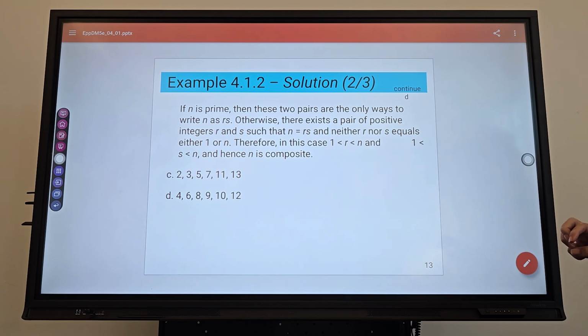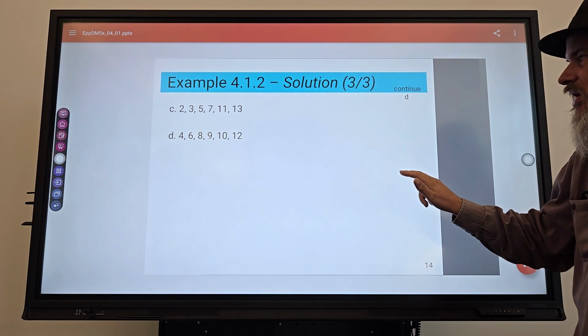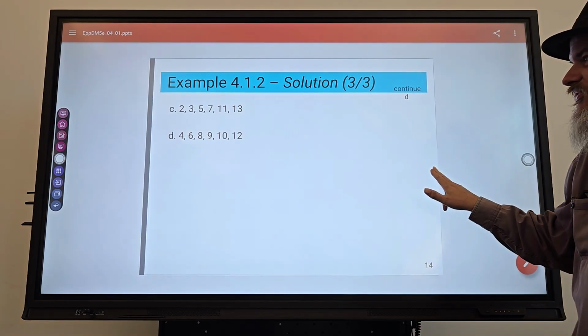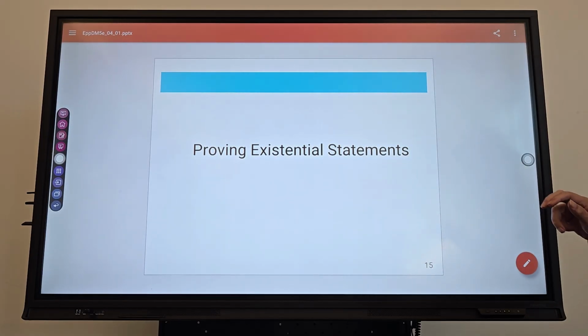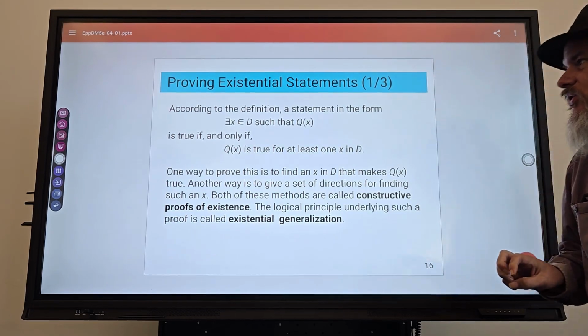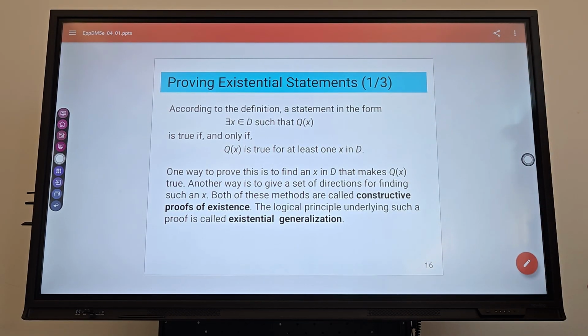Let's see here. It gives the C and D twice there. Proving existential statements. According to the definition, a statement in the form, there exists an element x in D such that Q of x is true, is true if and only if Q of x is true for at least one x in D. One way to prove this is to find an x in D that makes Q of x true.